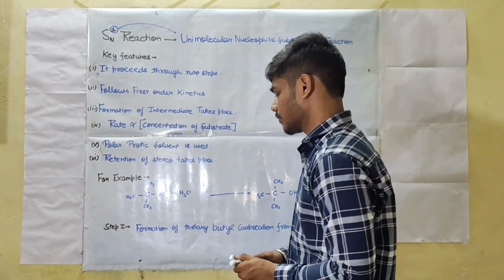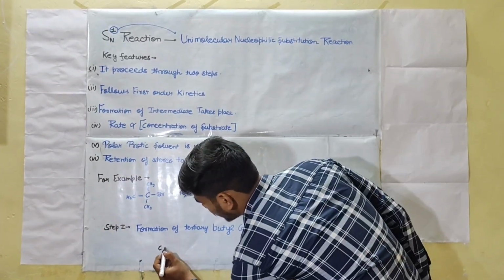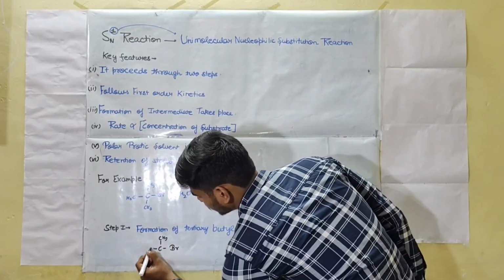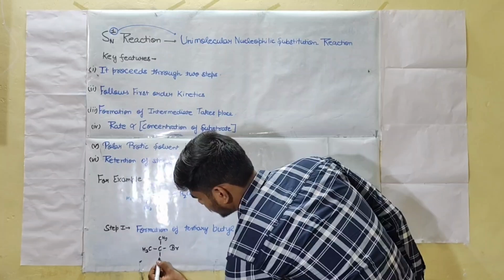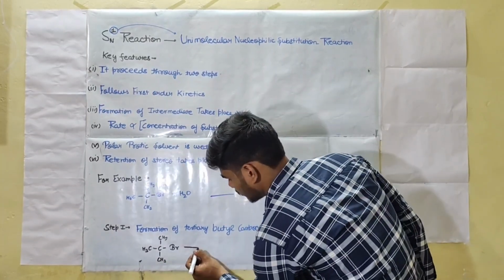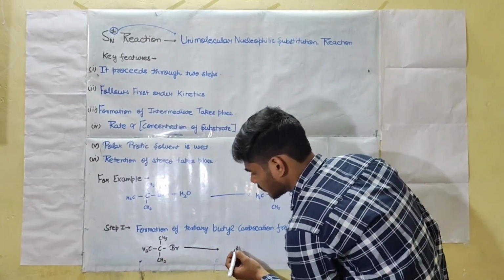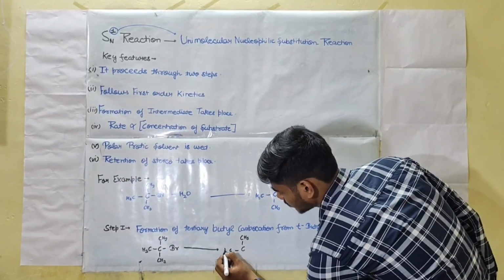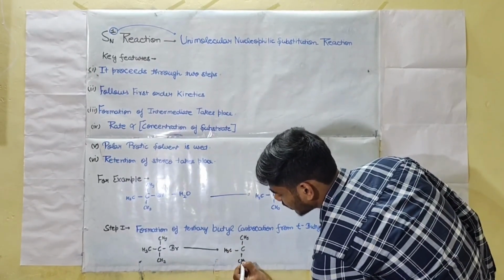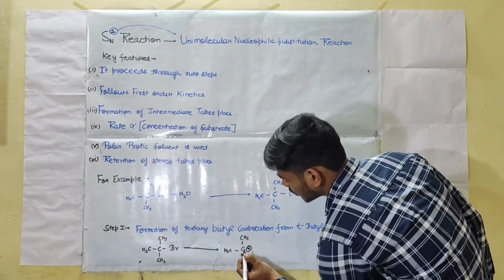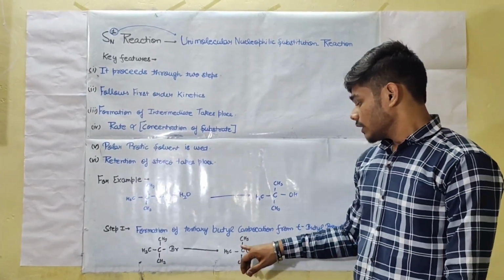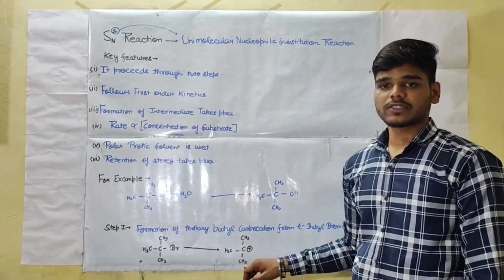In this step, the loss of bromide leaving group takes place, forming a tertiary butyl carbocation, which is quite stable due to its 9 hyperconjugating structures.